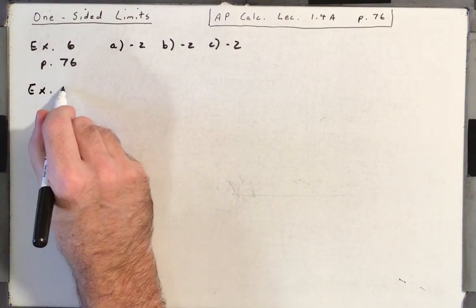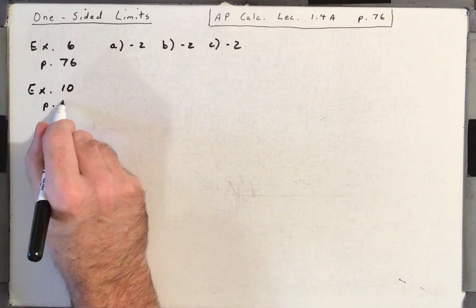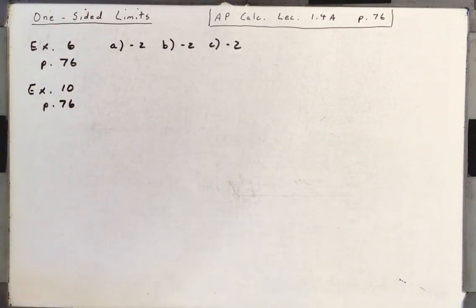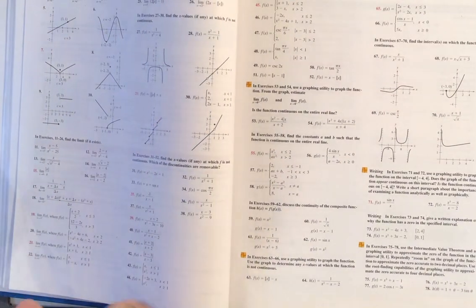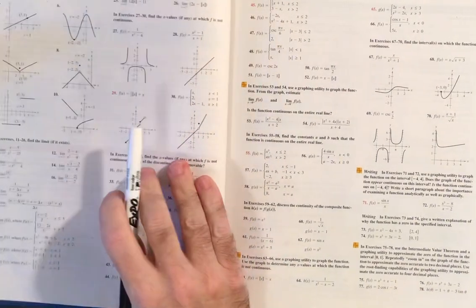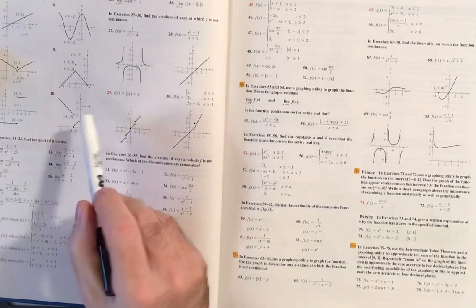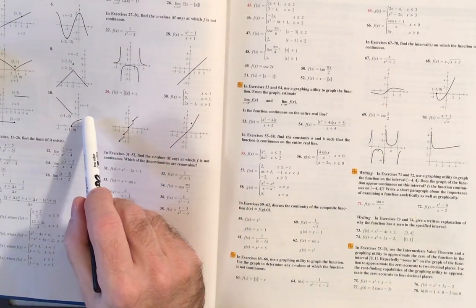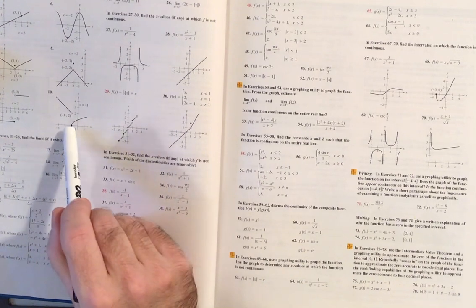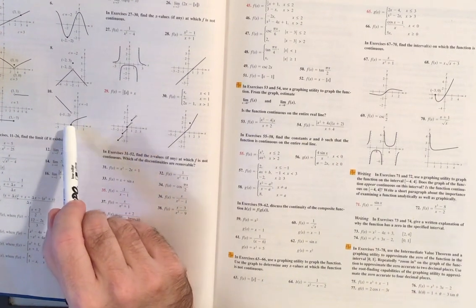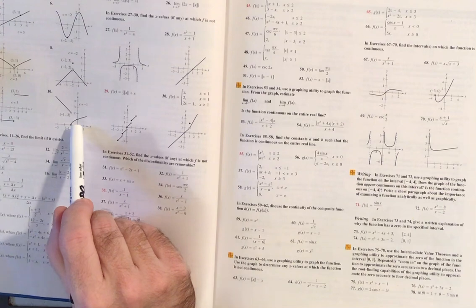Now let's look at one where that's not the case. Peer down at number 10. So c is -1, so we're concerned with when x is equal to -1. When we come from the right, the y value when we get to -1 is 0.